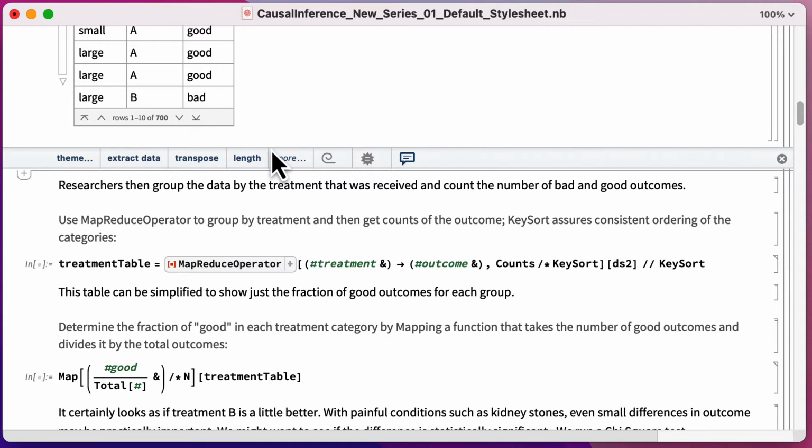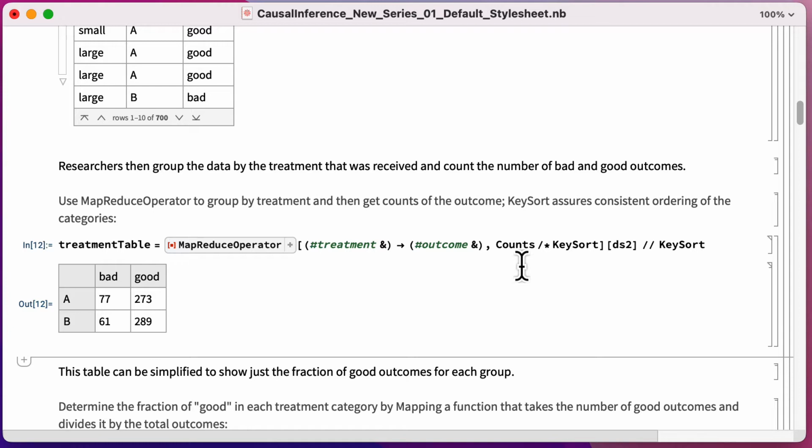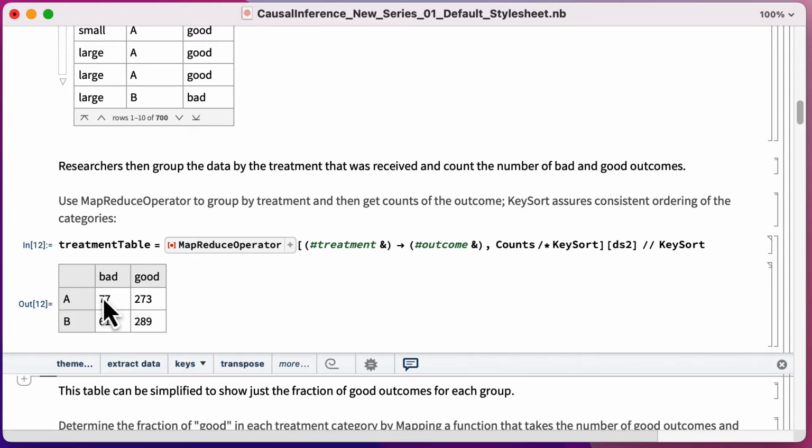Okay. So let's do something naive, which is just to group the data by treatment, show the outcome, and then see whether the outcome is good or bad. All right, we do that, and we can see that for treatment A, there's something like a 3-point-something to 1 ratio of good outcomes to bad, whereas for old treatment B, it looks like the ratio is higher.